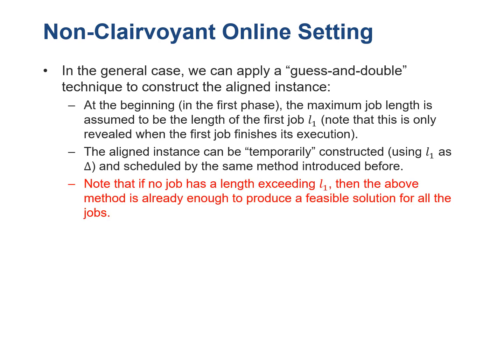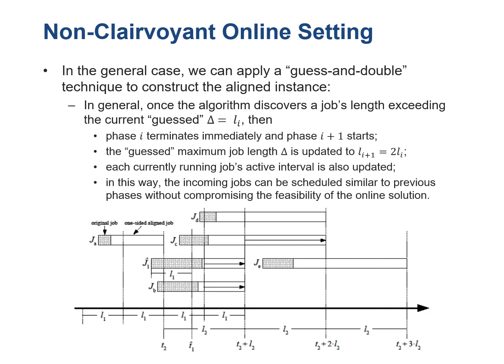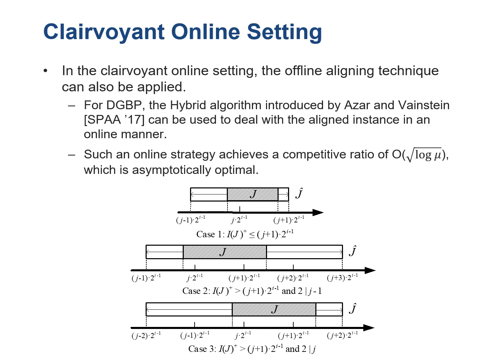So if our guess is correct, we directly have a factor all-meal feasible solution. And if we guess wrong, we can still double our guess to maintain feasibility. This guess and double procedure can be done iteratively to produce a factor all-meal solution. In the clairvoyant online setting, the offline aligning technique can still be applied here to produce good solutions.